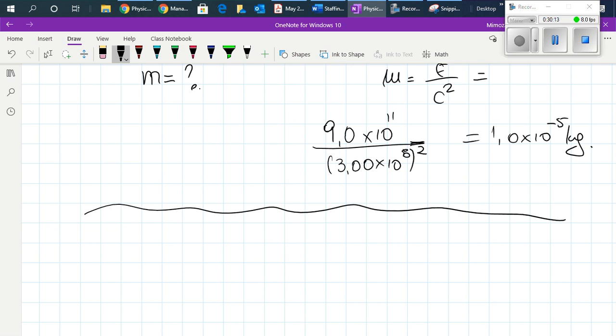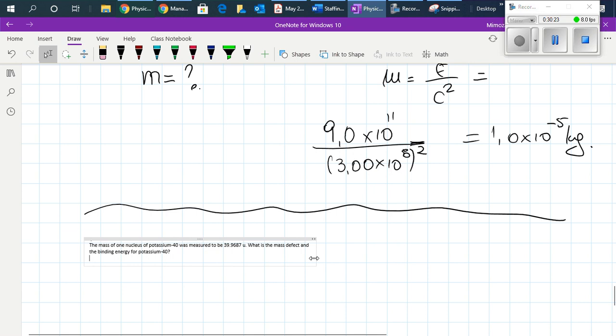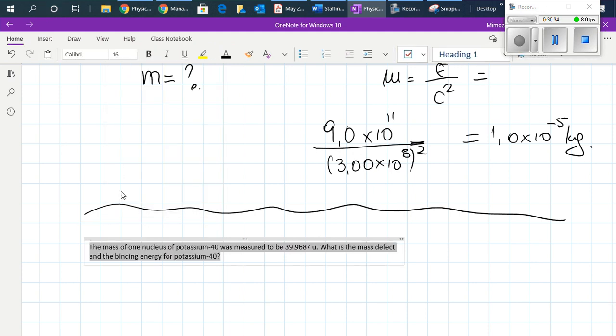The mass of one nucleus of potassium-40 was measured, and it was 39.9687 U. When you see that the mass of an element is given to a high number of digits after the decimal point, not 1 or 2 but 4 or 5, the clue for you is that you are using the mass defect.